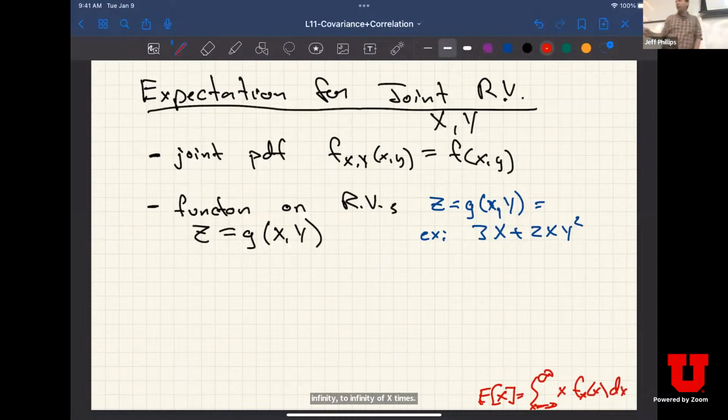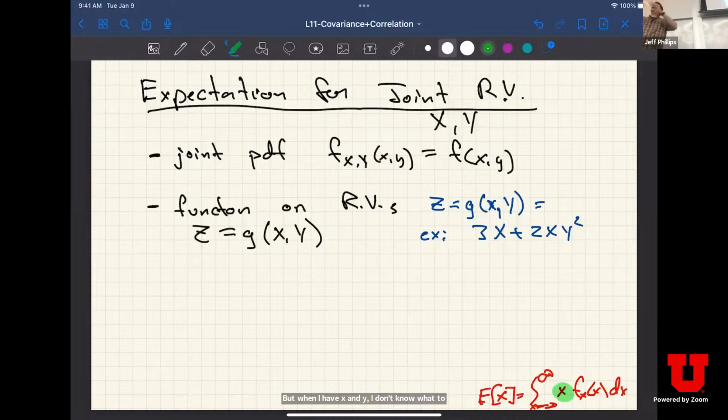What I needed here was this value x to be multiplied, the value that the random variable took times the likelihood, or the infinitesimal probability, that it took that value. But when I have X and Y, I don't know what to do in that place.